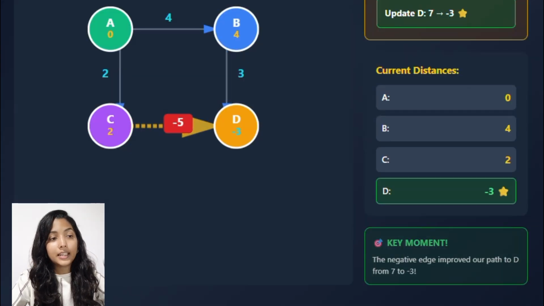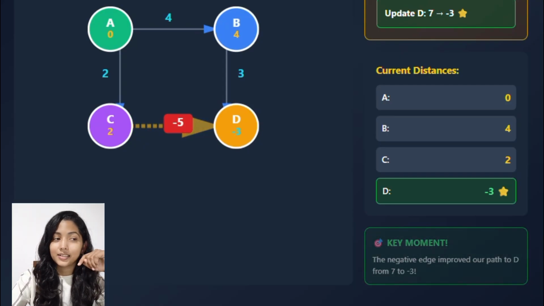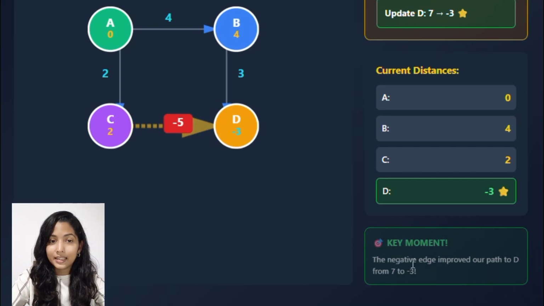Next we check the edge C to D. Now here's where it gets interesting. The edge from C to D has weight -5. Current distance to C is 2 and the edge weight is -5. It is negative. So new distance to D equals 2 plus -5, which means -3.